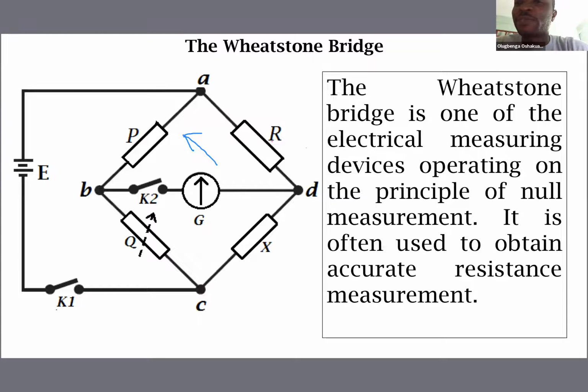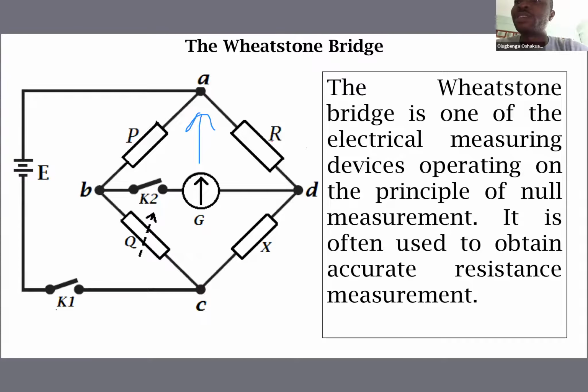And when it is deflected to the right, that means current is flowing from the left to the right. But once it is standing upright, like this, then we know that current is not flowing through the galvanometer.